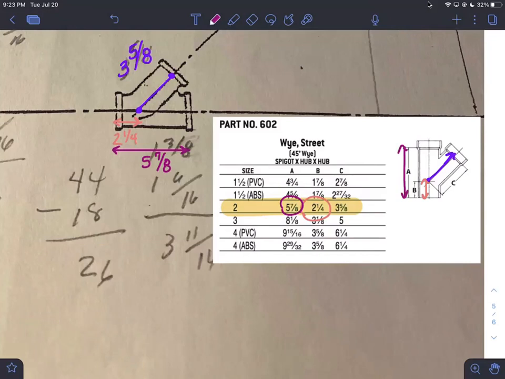Okay, so I'm starting to remember that these numbers might not be the same ones. I think it was part 600. Here, let me double check really quick. Yeah. Sorry, I pulled the wrong picture.